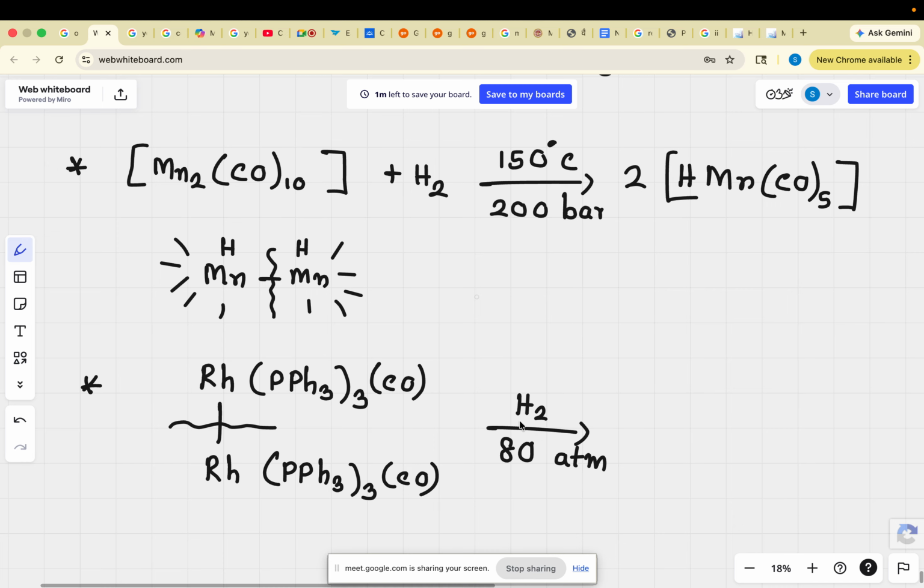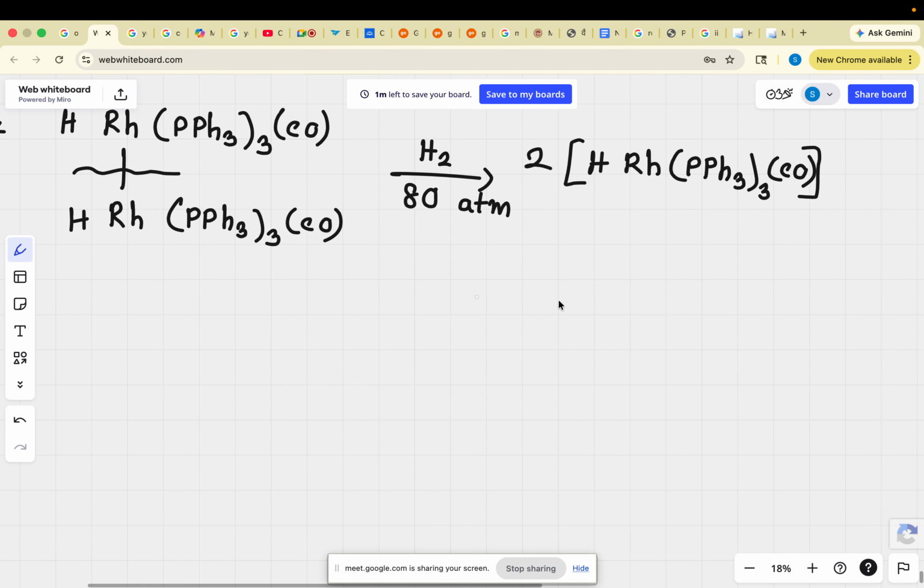This metal-metal bond will cleave. So you just attach one hydrogen to this side, one hydrogen to this side. So what am I getting? Hydrogen, rhodium, then you have PPh3 3 CO. Clear?